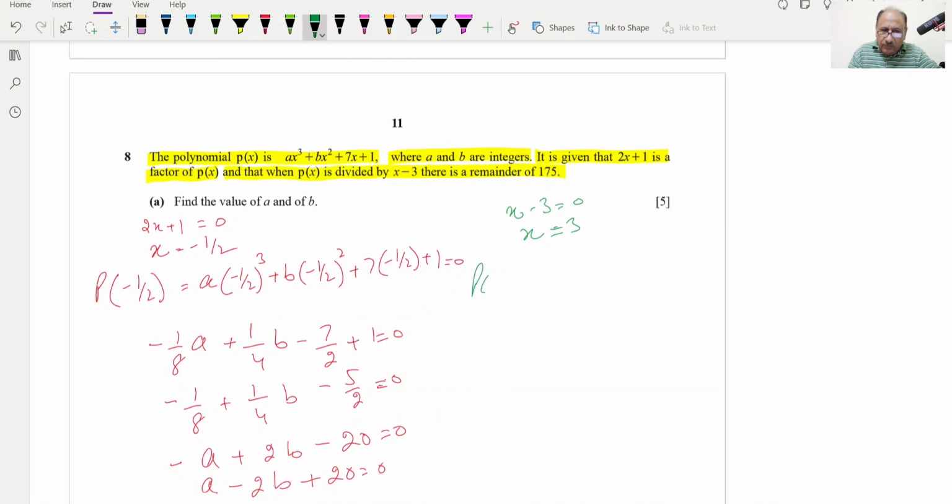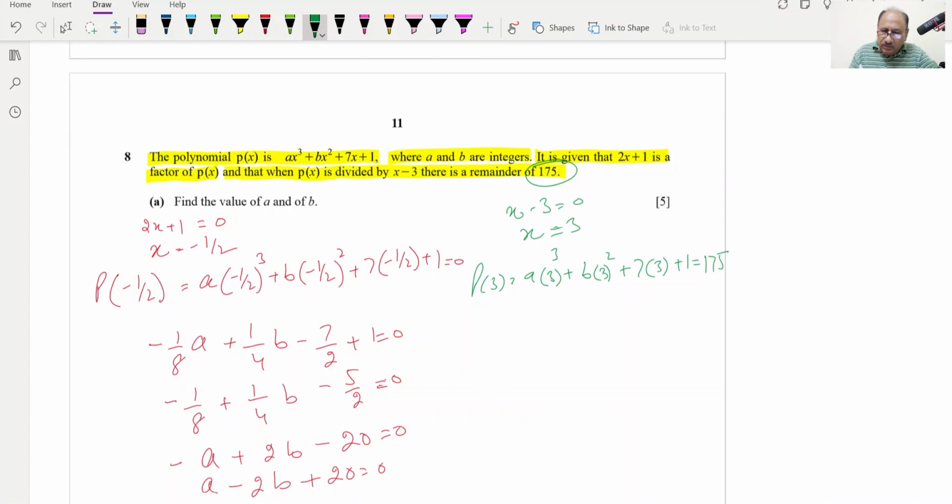So we find p of 3, which will be equal to a x cubed plus b x squared plus 7x plus 1, replacing x with 3, so 7 into 3 plus 1, and this is equal to 175.